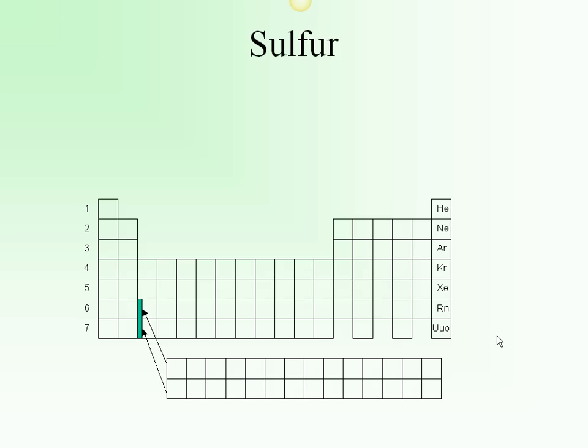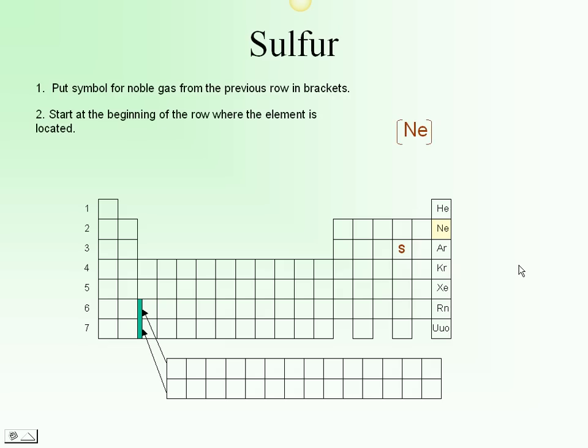Here's an example. Sulfur. There's where it is, right here. Put the symbol for the noble gas from the previous row in the bracket. So the previous row is neon. There it is. Start at the beginning of the row where the element is located.